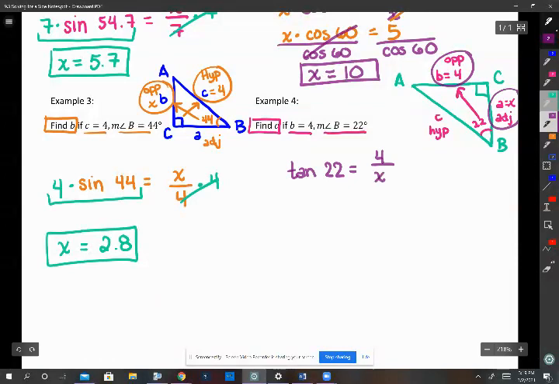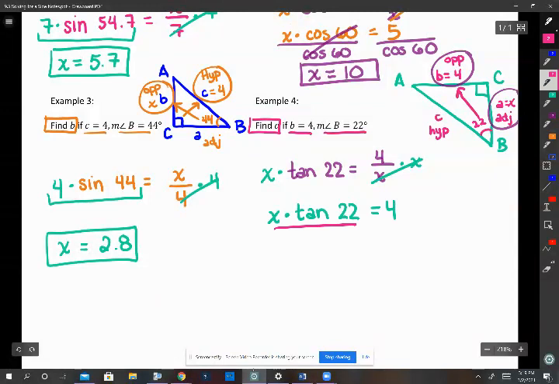And now we're going to solve that equation. So how do we get rid of dividing by x? We're going to times by x. And we have to do that because in order to solve for x, x needs to be in the numerator, or up top. So that goes away. And so we're left with x times tangent of 22 is equal to 4. And now we're trying to get the x alone.